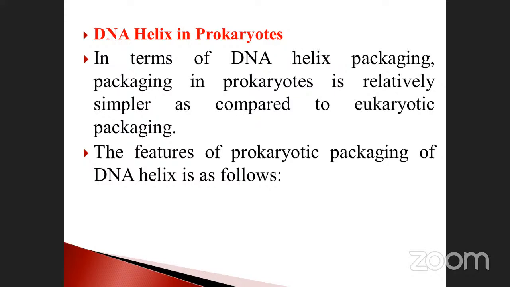The packaging in prokaryote is relatively simpler compared to the eukaryote, because eukaryote is the highly developed organism. Prokaryote is a primitive organism; bacteria are examples of prokaryotes. Higher organisms are human beings and plants, dicot and monocot, and animals like chimpanzee, cow, buffalo, all known as multicellular eukaryotic.